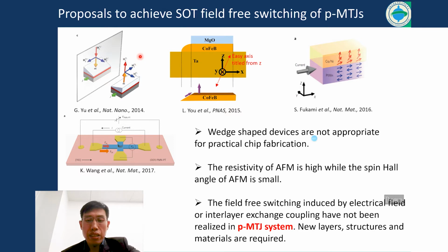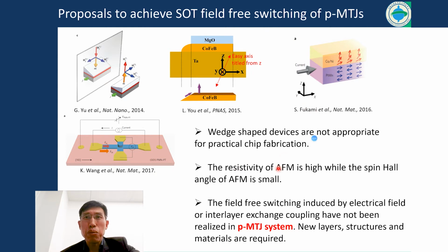So in this case, many recent works are focusing on how to realize the SOT, spin orbit torque, switching mechanism without a magnetic field. One of the works has been proposed by Professor Fukami from Tohoku University. One solution is to use wedge-shaped devices like that, but we cannot use it for practical chip fabrication.